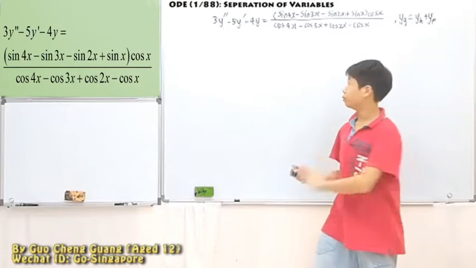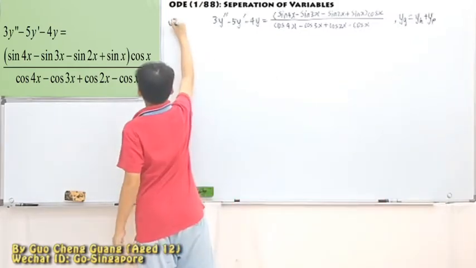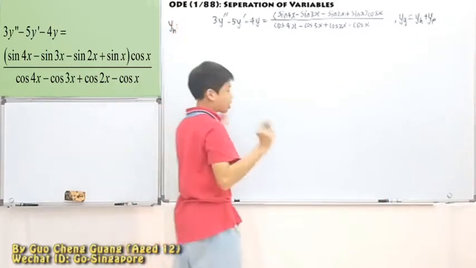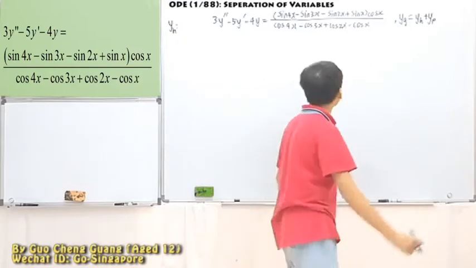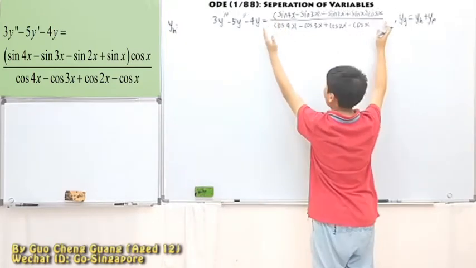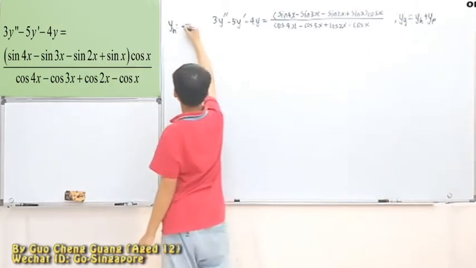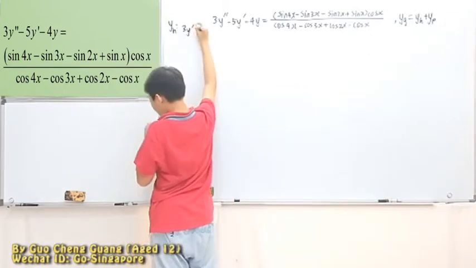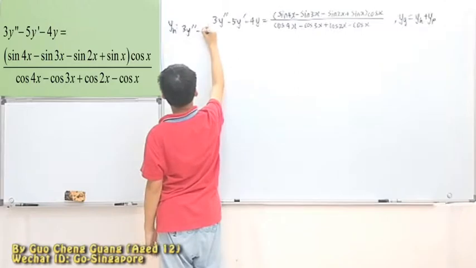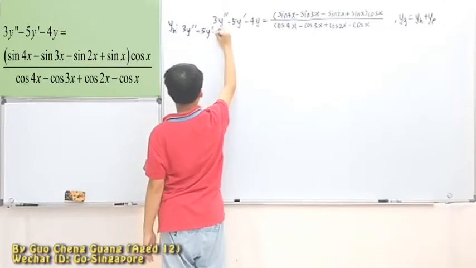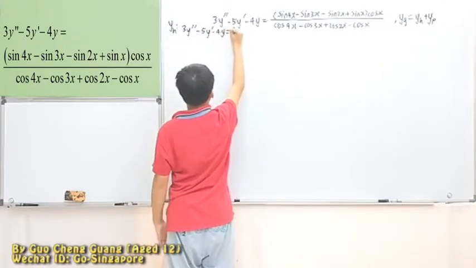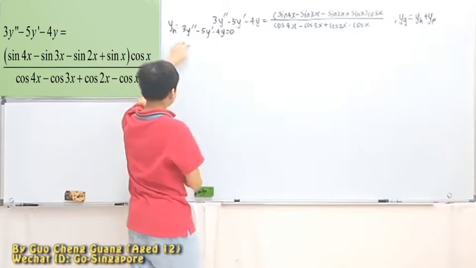This is the form. Next part, we first try to find yh, but this long fraction, we first ignore it and just let that part be 0. This is what you have.